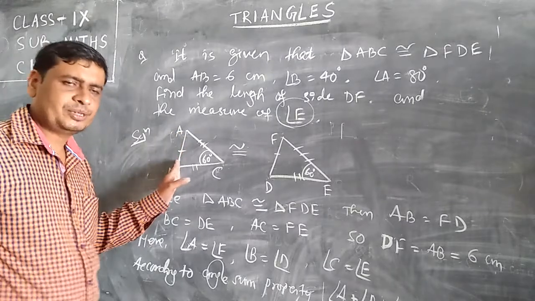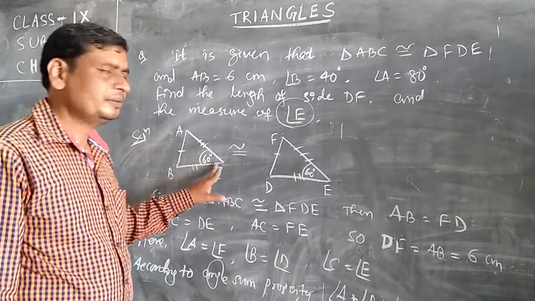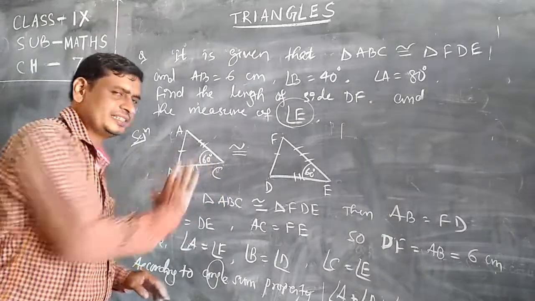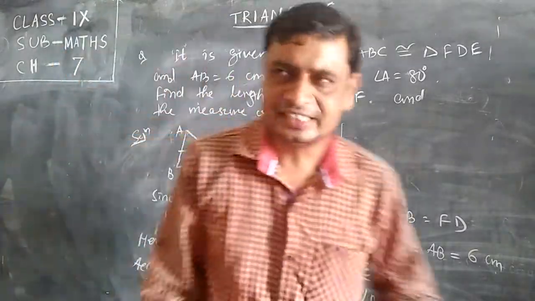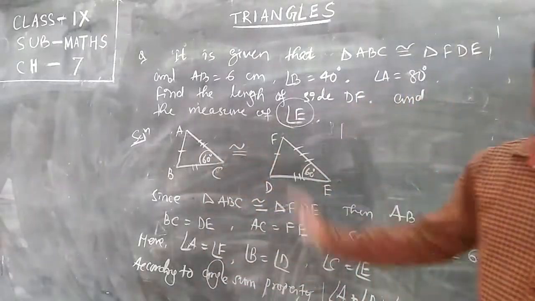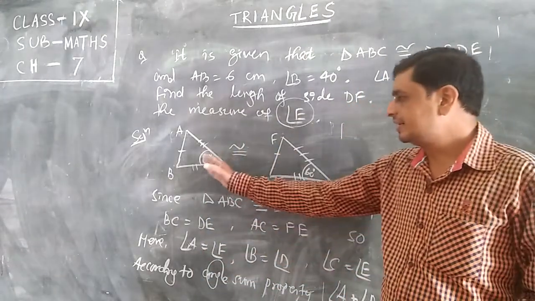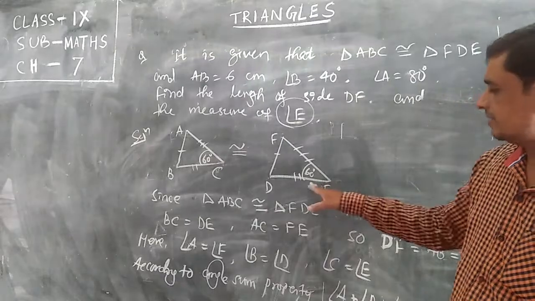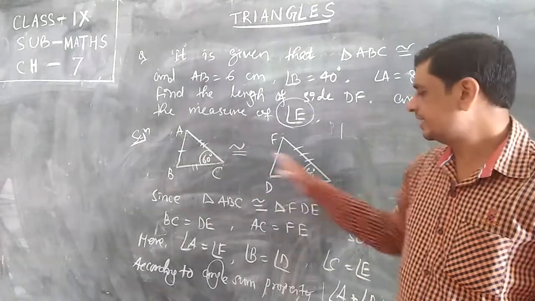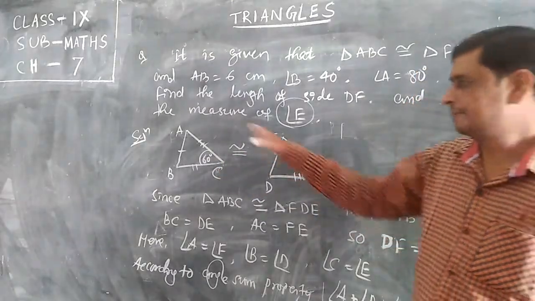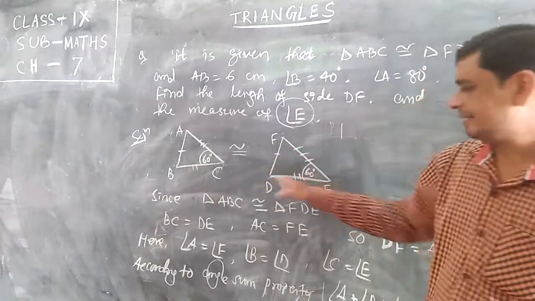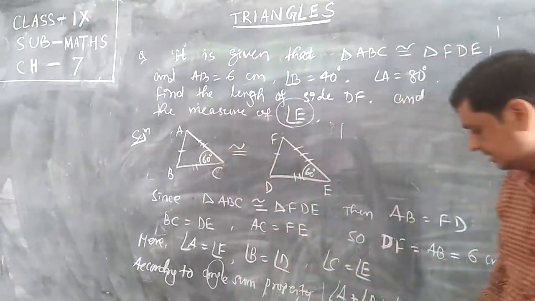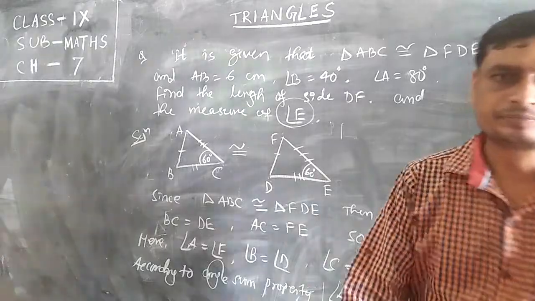According to the angle sum property, angle C is 60, because 80 plus 40 plus 60 is 180 degrees. After getting angle C as 60, we can easily find angle E, because angle C and angle E are equal, as triangle ABC and triangle FDE are congruent. Angle E equals angle C, which is 60 degrees.